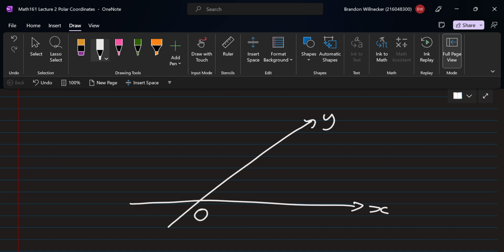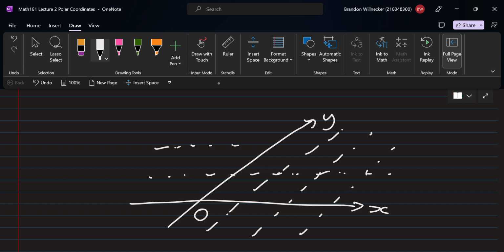Okay. So if we were to draw in the grid, instead of being little squares like on the Cartesian system, it's going to be something like this. We have diagonal lines parallel to y, and we've got these horizontal lines parallel to x.